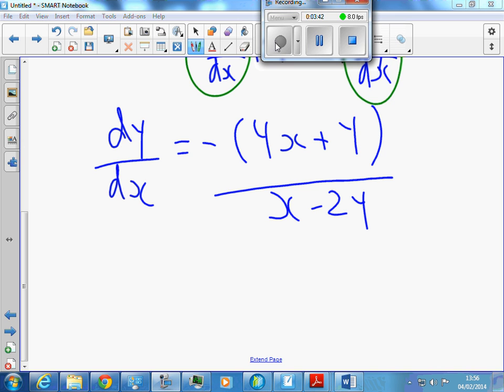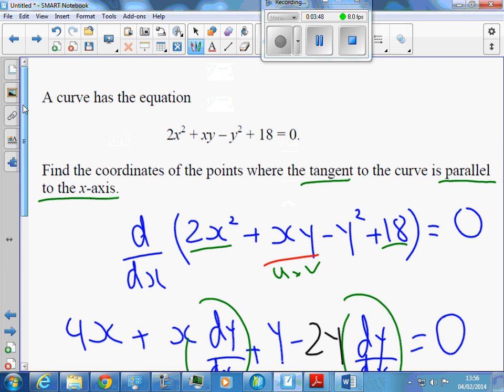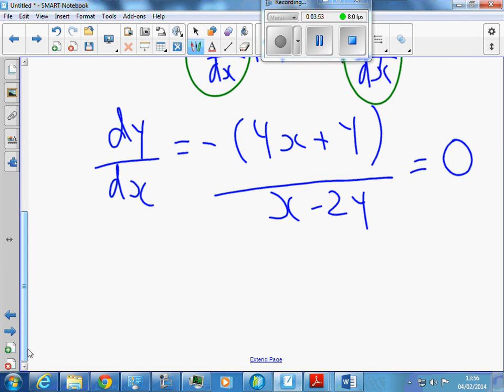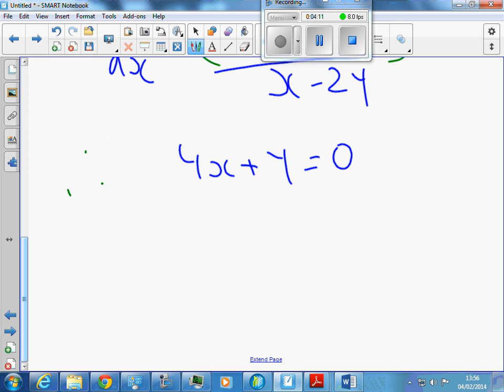So dy by dx has to equal 0 because the gradient of the tangent is parallel to the x-axis. So we know that if you've got a fraction equal to 0, then the top part of the fraction has to equal 0. Therefore, our points must satisfy the equation 4x plus y equals 0. y is equal to minus 4x.